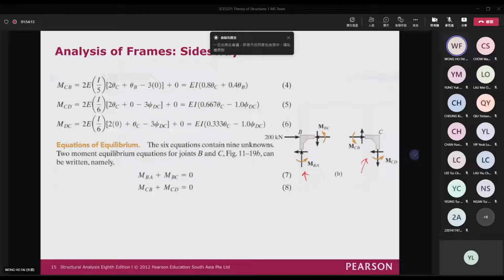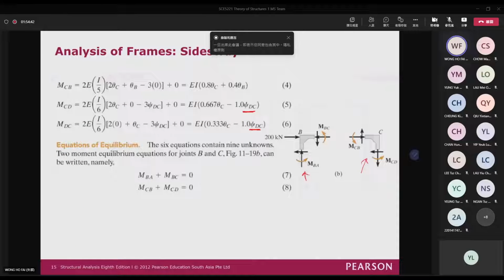But these two, I can only solve for theta B and theta C as before. But don't forget that right now I have an additional unknown, which is phi DC. If I have just two equilibrium equations at the joints, then I still cannot find the unknown phi DC. Then I need one more equation in order to find this unknown.